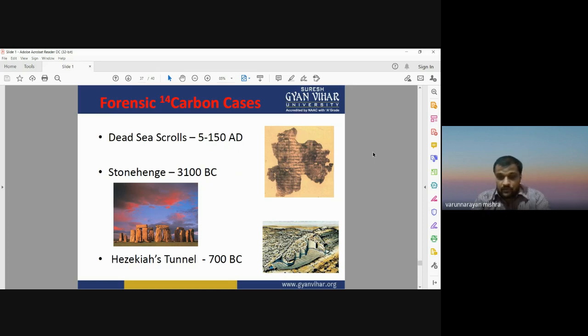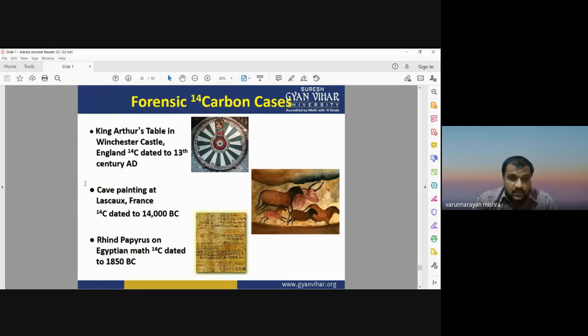Okay, then King Arthur's table in Winchester Castle, England. By using the carbon 14 method, it was concluded that it was built in the 3rd century AD. Okay, the cave painting at Lascaux, France, and the carbon-14 dating method is used to know the age of that cave painting, which was around 14,000 BC.